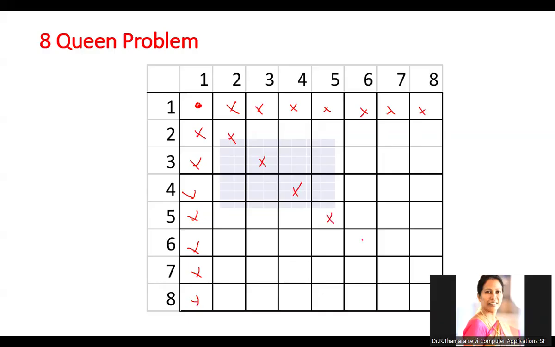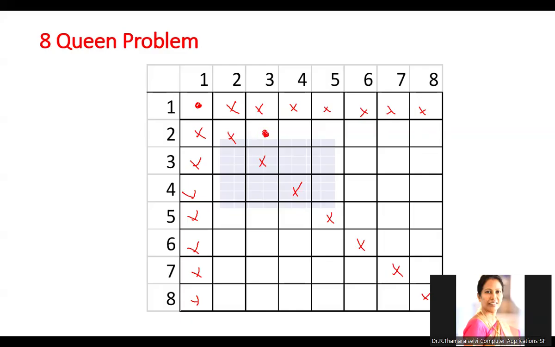How do you find the diagonal index? So if this is 1, 1, this is 2, 2, 3, 3, 4, 4, 5, 5, 6, 6, 7, 7, 8, 8, that's it. Okay. So for the second queen, here you cannot, here you cannot, here you can have. Okay, so let us have this.